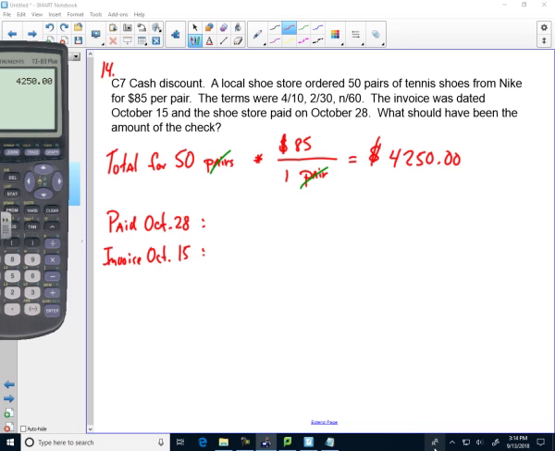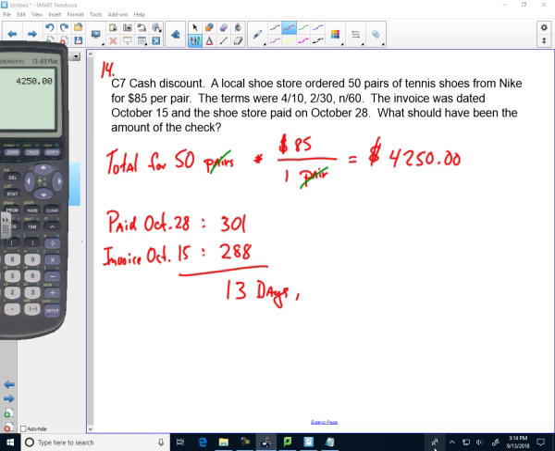So the 28th is the 301st day. Meanwhile, the 15th is the what? What is it? 288th day. You subtract that and what do you get? 13 days.